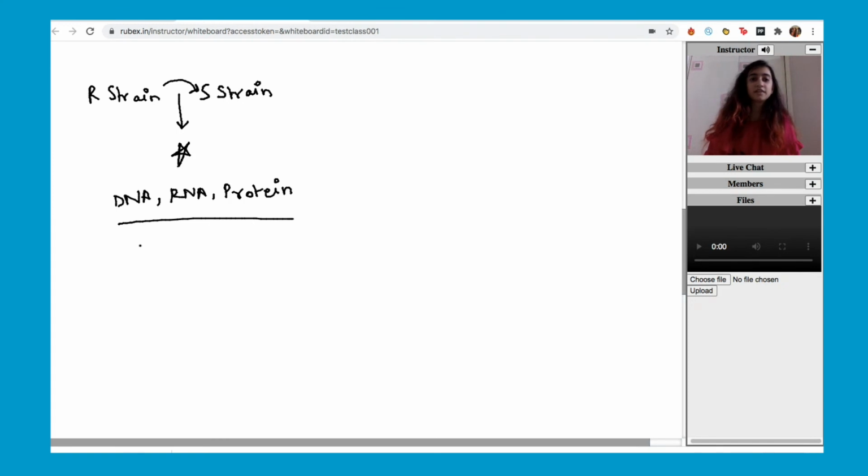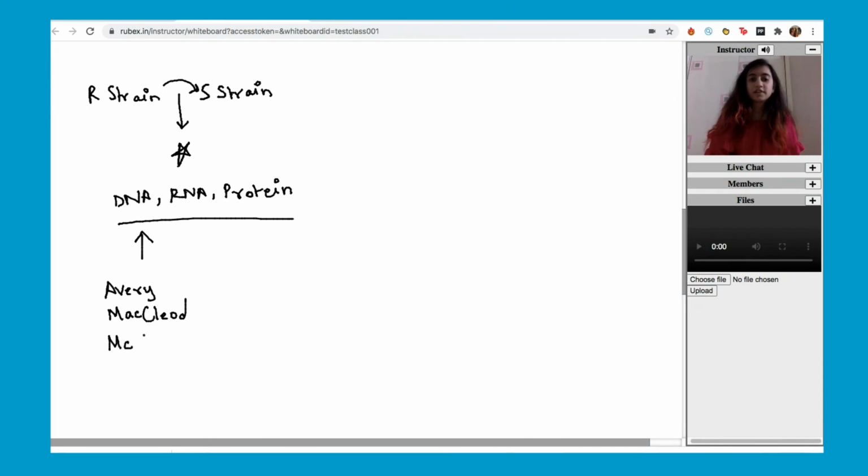It was identified to be DNA later on by some other scientists going by the names of Avery, MacLeod, and McCarty.